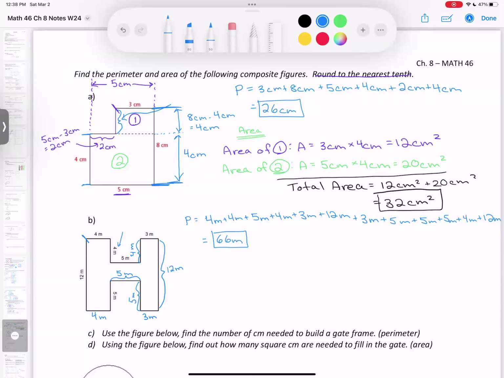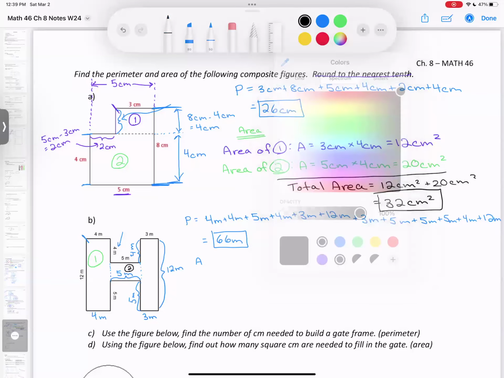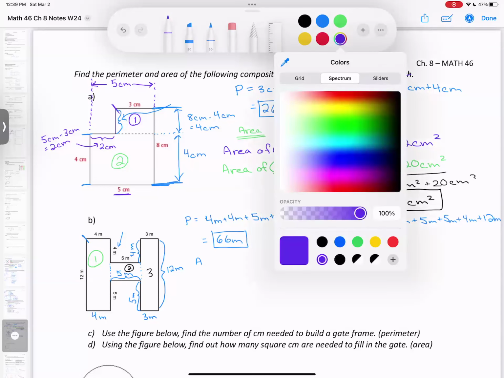Okay, second part here, we need to figure out area. So let's break this into shapes. We can think of this as 3 rectangles. So we've got rectangle 1, rectangle 2, and rectangle 3. Oops, I wanted purple. There we go.